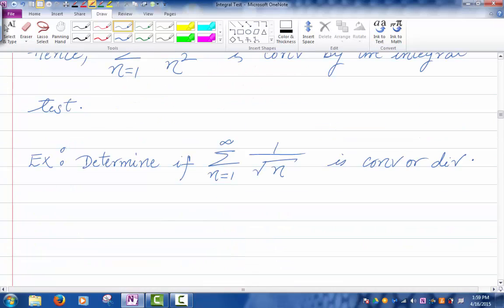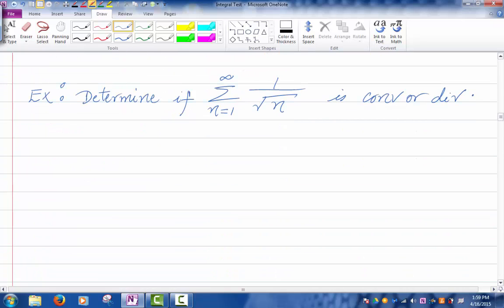All right. Any other questions? Let's go over this problem. In this problem, you have this series here. Now, first of all, if I want to apply the integral test, I have to look at the associated function. Let's say f of x is 1 over root x, and I'm going to take this function for x bigger than or equal to 1. So we are letting f of x to be this function.